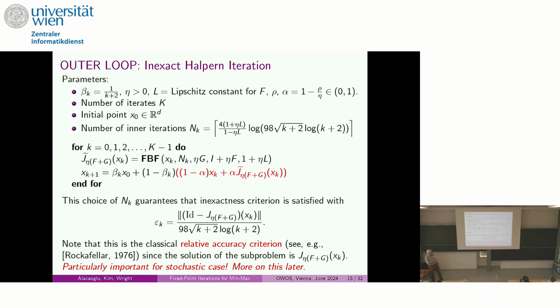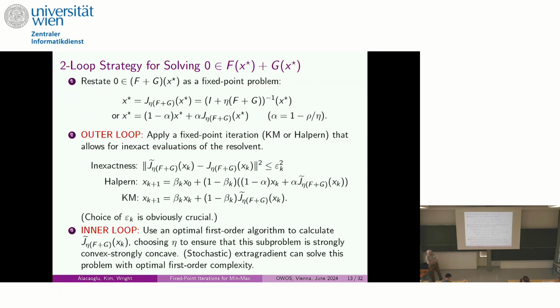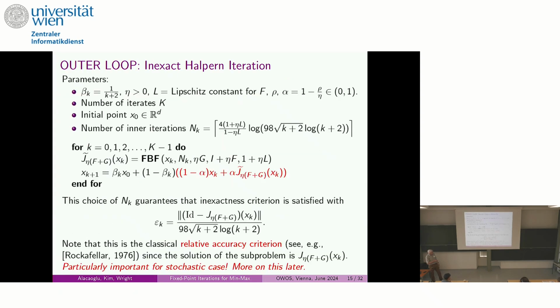Now, the critical thing here is deciding how accurately we have to evaluate the resolvent, the J tilde. And so we need to actually satisfy this condition here, that the difference between the true and the calculated, inexact version of J is bounded by this epsilon k. And we have to, of course, be very careful about how we choose the epsilon k.